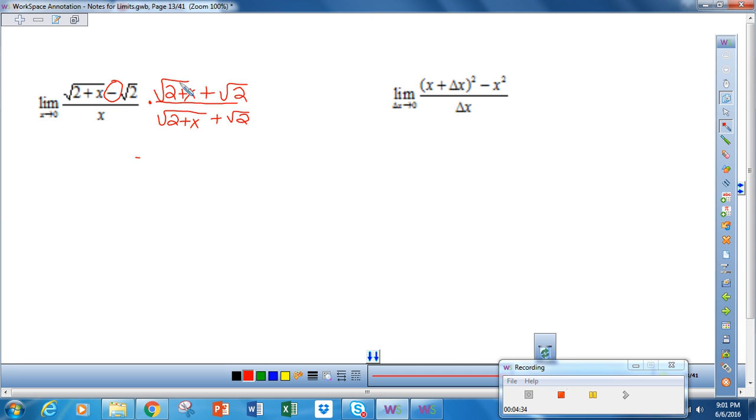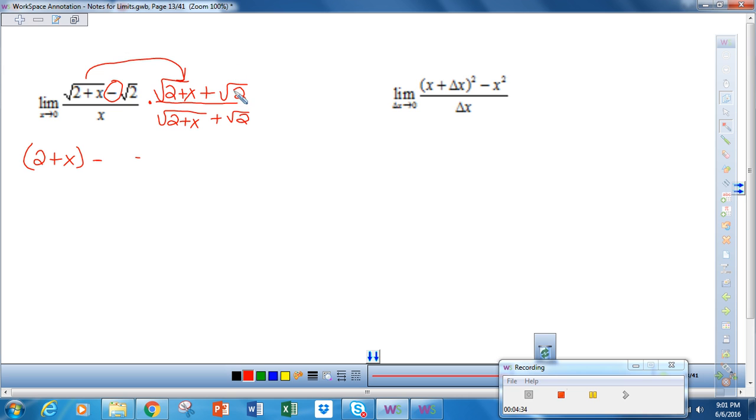And now we're going to multiply this. The first time I do this, I'm going to multiply it out. In the future, I'm not going to multiply this out. So radical 2 plus x times radical 2 plus x gives us parenthesis 2 plus x.